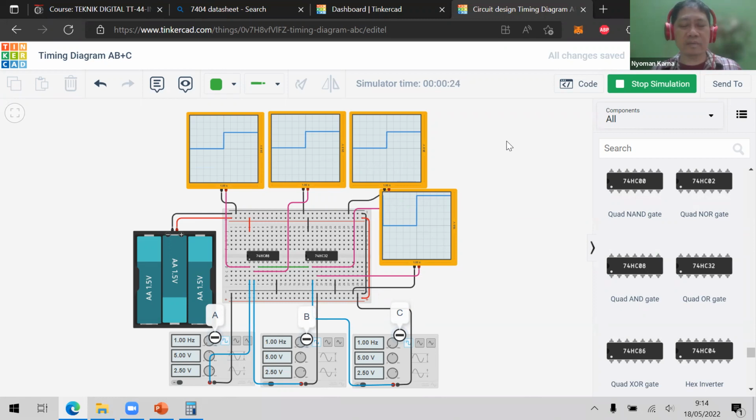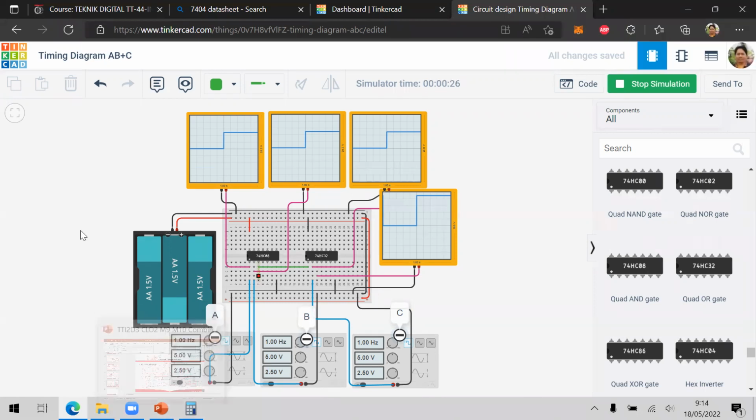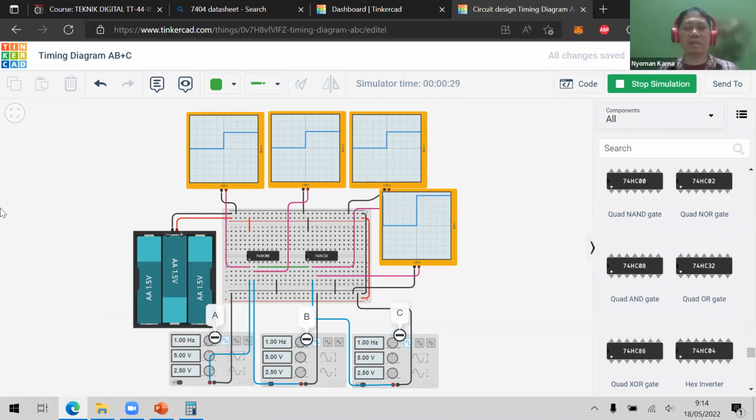Any questions so far? So basically, you need to understand two things: every circuit has its own maximum working frequency. It cannot go beyond that frequency. Why? Because each logic gate or each circuit has its own delay.